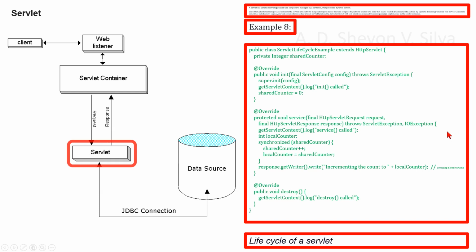During the initialization stage of the servlet life cycle, the web container initializes the servlet instance by calling the init method, passing an object implementing the jakarta.servlet.ServletConfig interface.